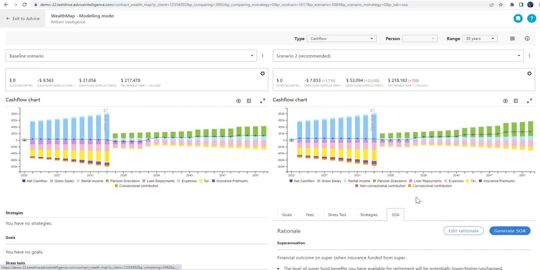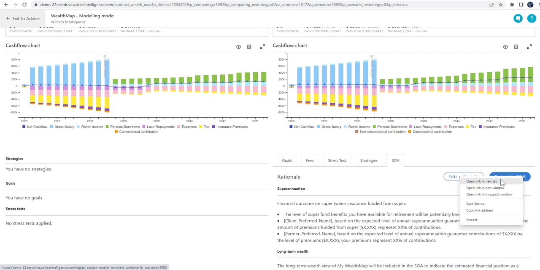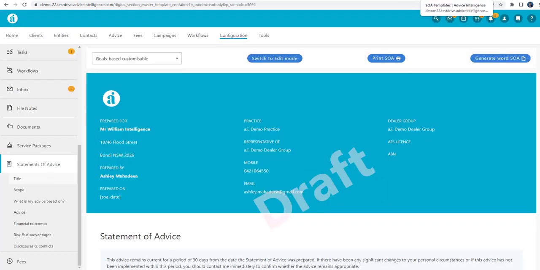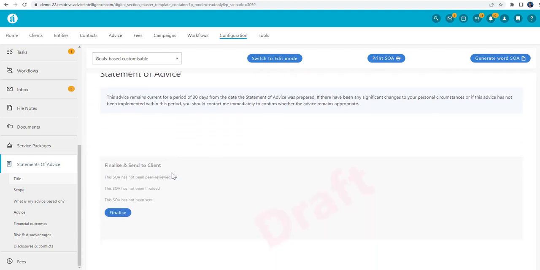Lastly, of course, all of this can be pushed into an SOA. And with our SOA, it's a very flexible proposition where if you don't want, again, to have anything related to goals-based advice, this is exactly what we've done here.